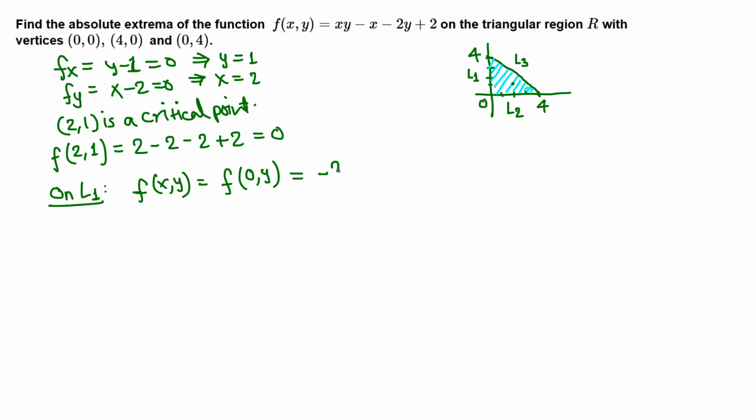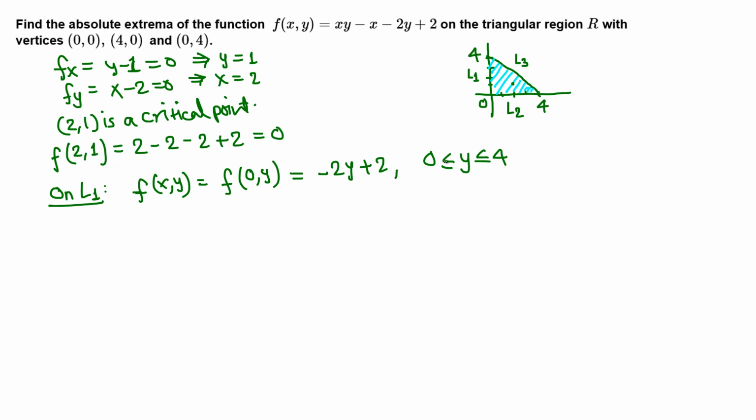So this is just negative 2y plus 2, and y runs from 0 through 4. All we have to do is find the maximum and minimum value on this line segment when y runs from 0 through 4. We don't have to find every single value because we are just trying to find the maximum and minimum value. And this is negative 2y plus 2.